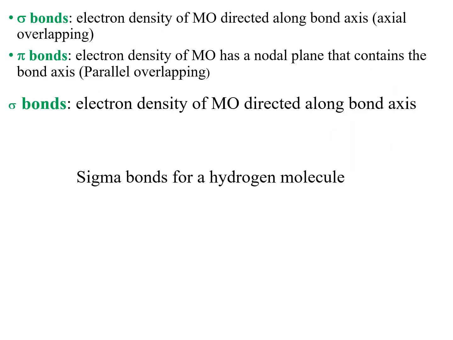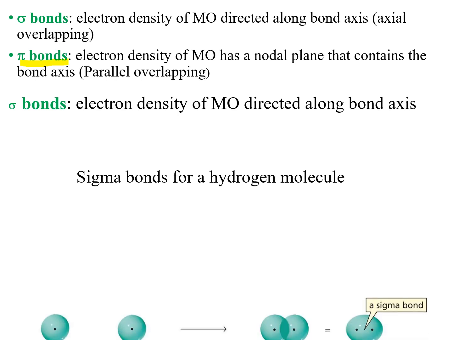Axial overlapping forms a sigma bond and parallel overlapping forms a pi bond. Axial overlapping means head-to-head overlap, and in a pi bond, the p orbitals overlap along the line perpendicular to the bond axis. This is known as parallel overlapping.